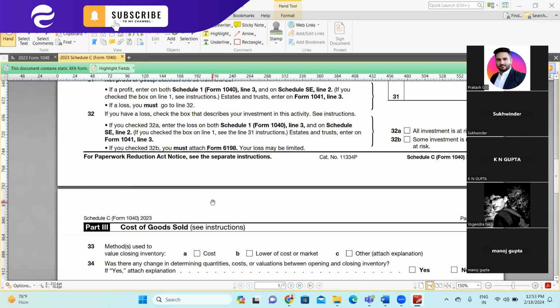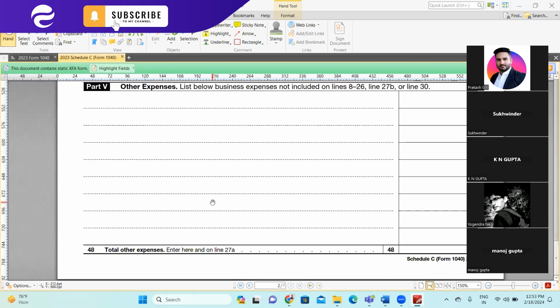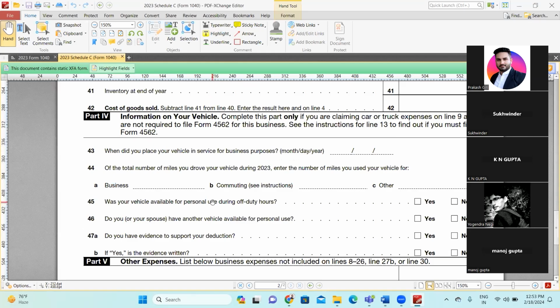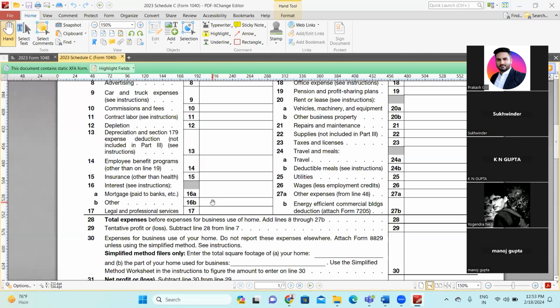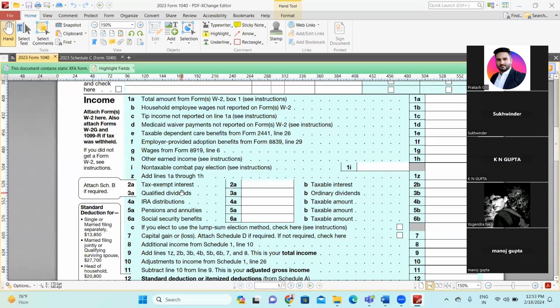Cost of goods sold, depreciation, or other expense details come over here. From here the income from business will go to this Form 1040.